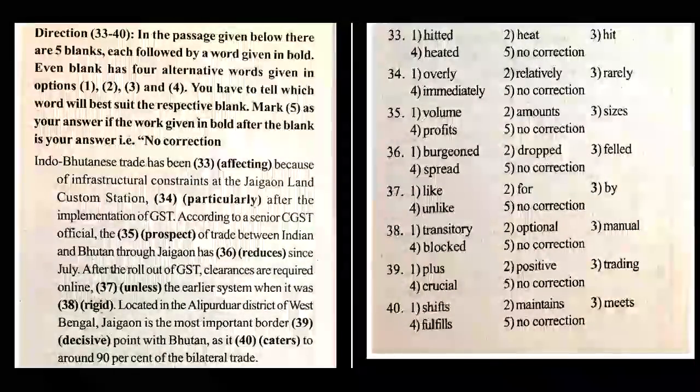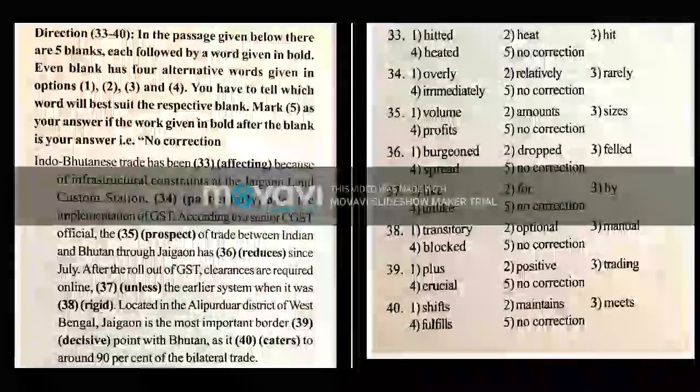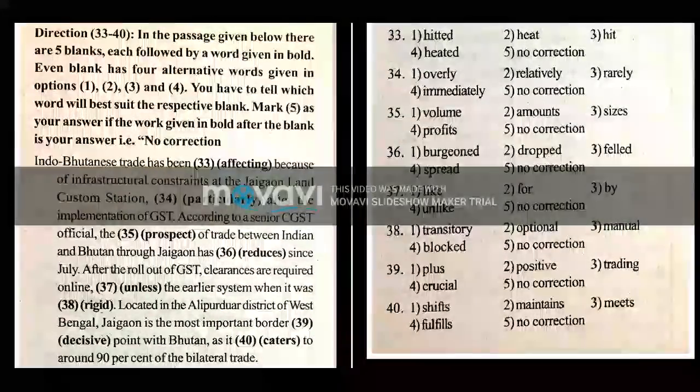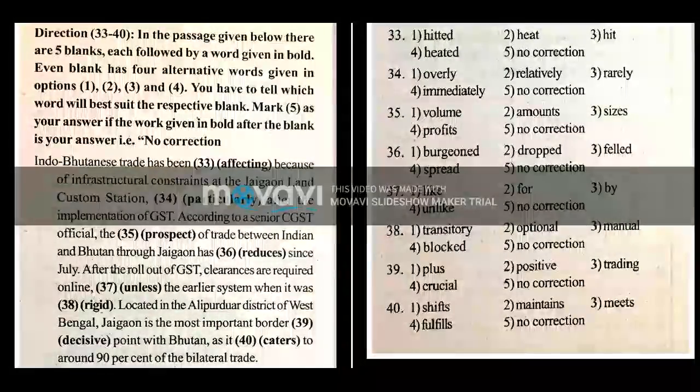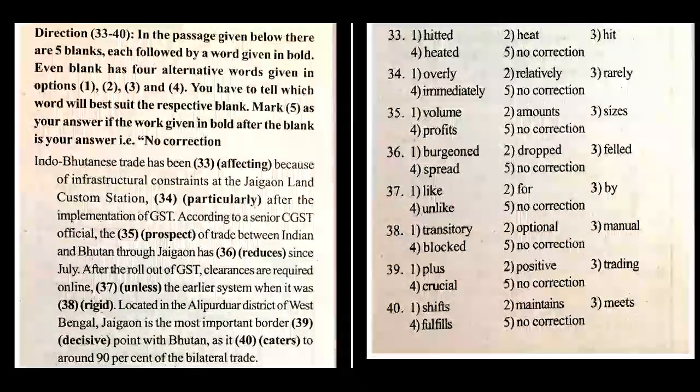That means in English you can say that Jaigan is a place which is located in the Alipurduar district of West Bengal. And this place, that means Jaigan, is the most important border dash point.